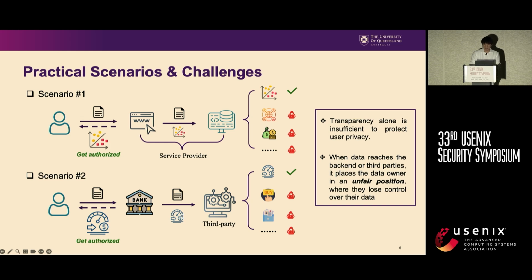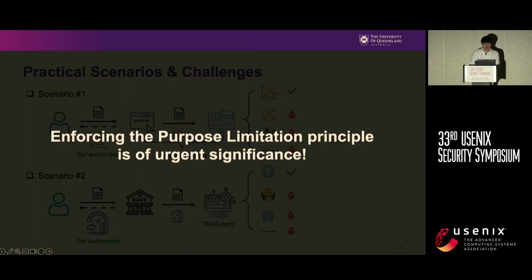So, we can realize that transparency alone is insufficient to protect users' privacy. When the data reaches the backend or third parties, it places the data owner in an unfair position, where they lose control over their data. Therefore, enforcing the purpose limitation principle is of urgent significance.